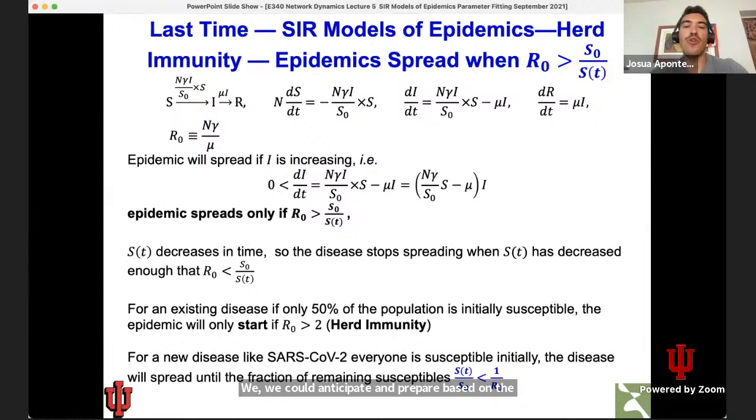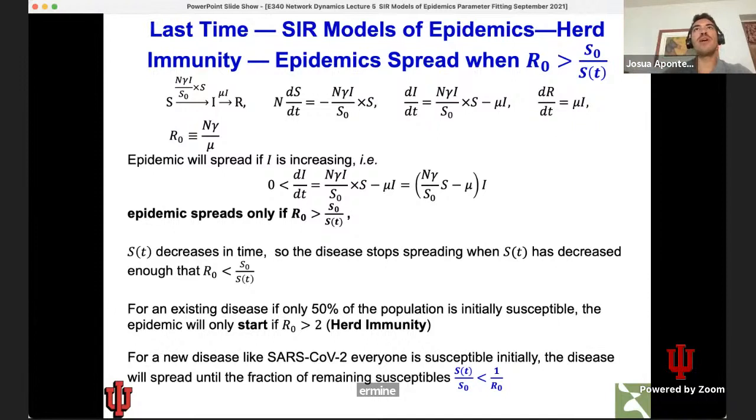For example, we would be able to determine beforehand when we expect the epidemic to reach its peak and start decreasing.